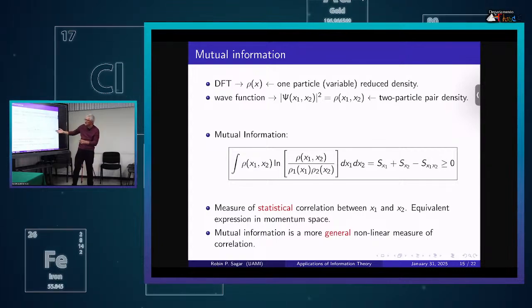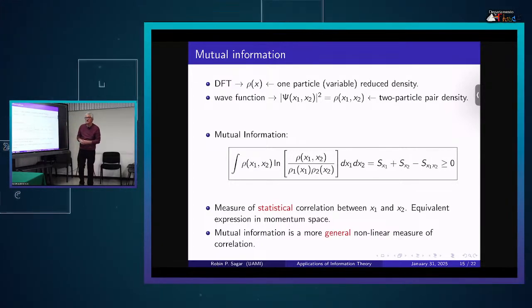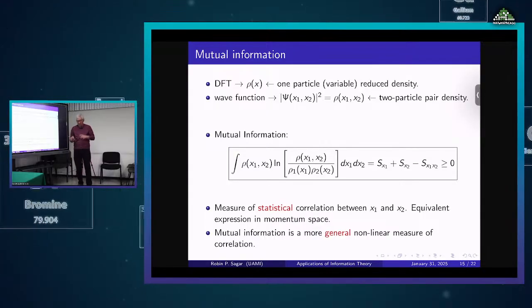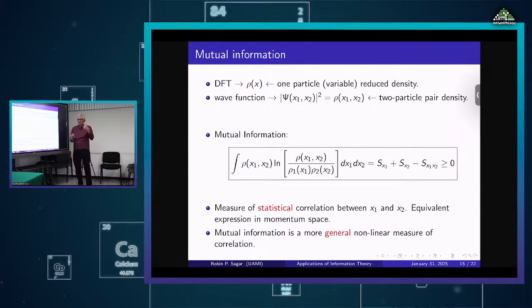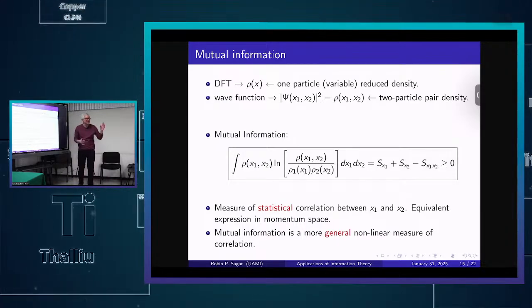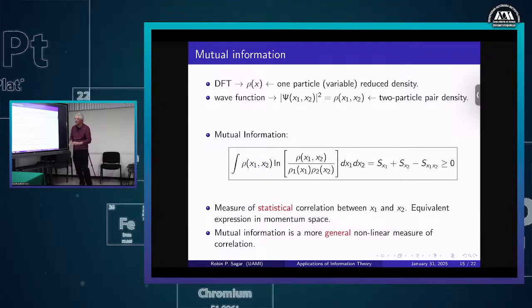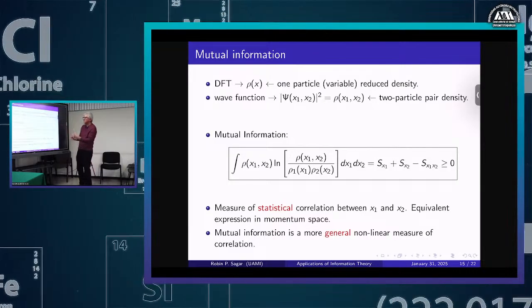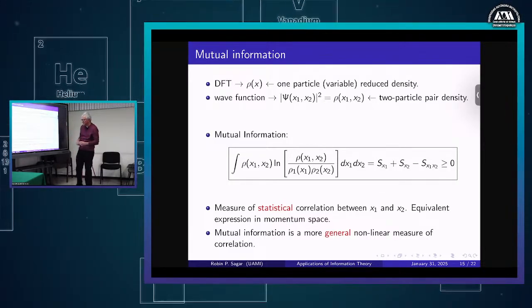And this is a definition of the mutual information. I won't go much into this because I really enjoyed Peter's talk, I think it was on Tuesday or Wednesday, and then Saul's talk. They described very nicely the properties of mutual information.